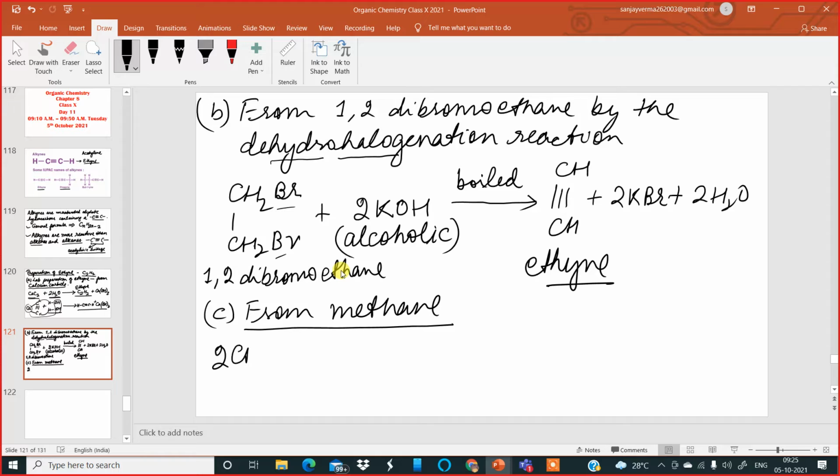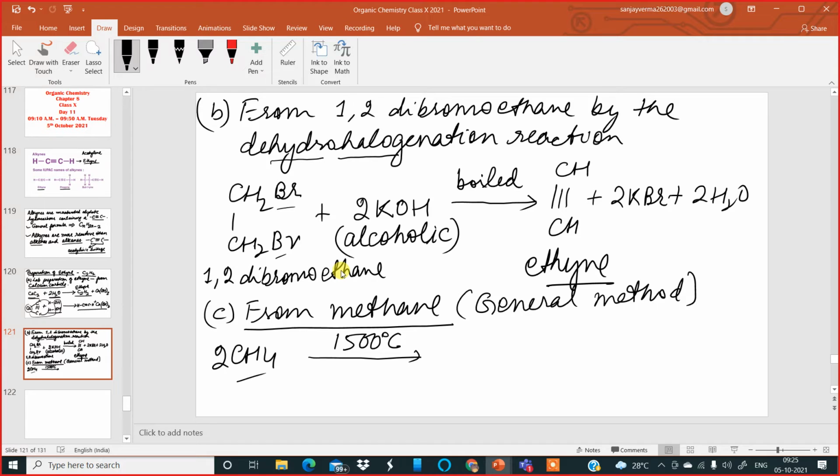We take methane, CH4, and subject it to a high temperature of around 1500 degrees Celsius by applying an electric arc.